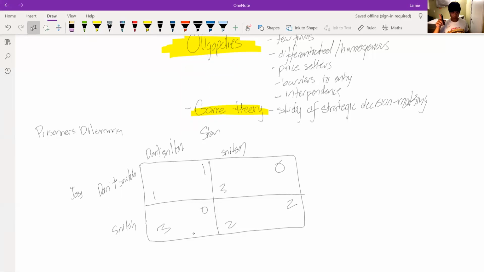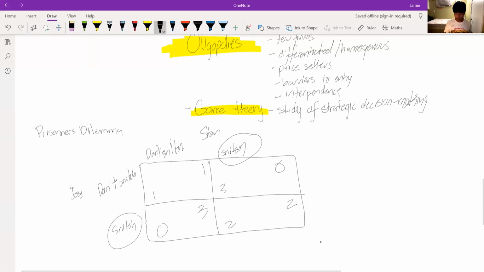I think I made a mistake here with the payoffs. I wrote it wrong. I apologize. Anyways, recap: Stan doesn't snitch. If Jess snitches, then Jess will get off scot-free while Stan will get 3 years in jail. However, if Stan decides to snitch and Jess snitches, they're both going to get 2 years in jail. That's how you're going to read this.